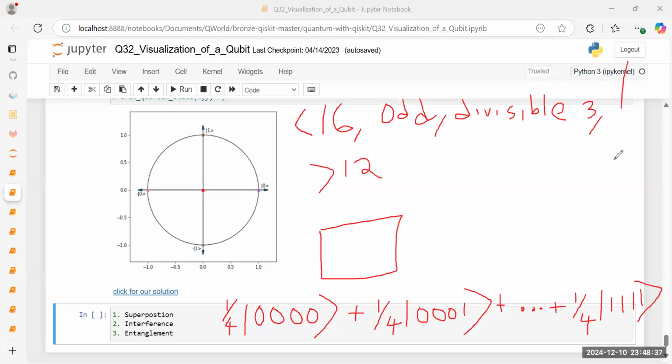So my vector will actually have 16 entries in it, and that will provide a superposition for all these states, from 0 up until 15.